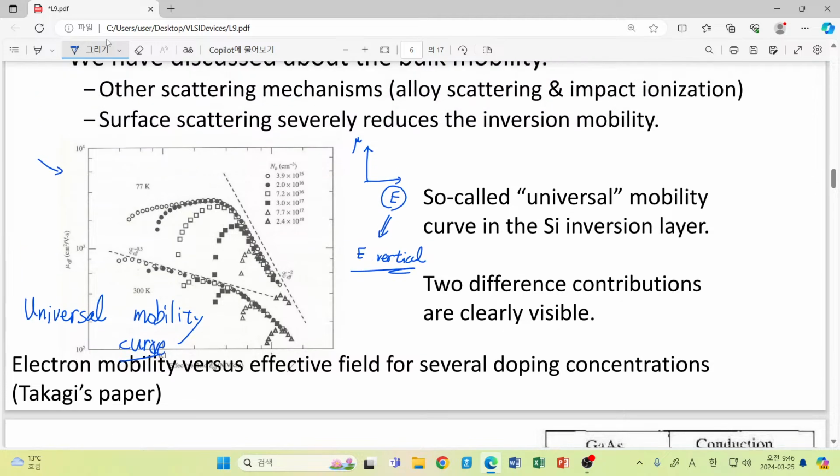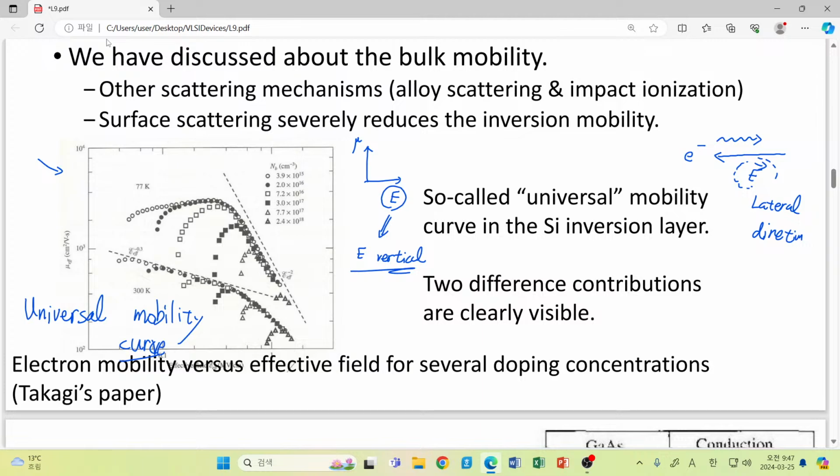So let me explain a little bit further. Here you have your electron, and when you apply the electric field this way, then your electron will move that way. In this case, you say that this electric field is applied along the lateral direction. Why is it called the lateral direction? Because this term originated from our MOSFET. Our MOSFET has a certain form like this.